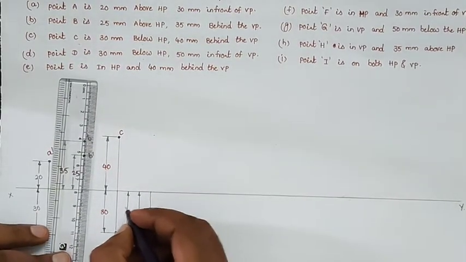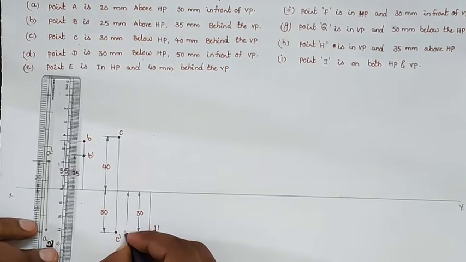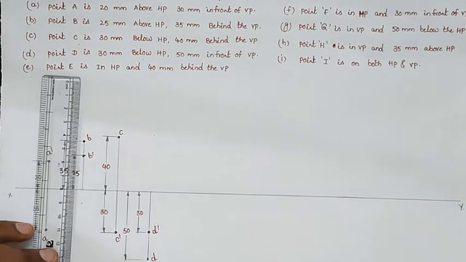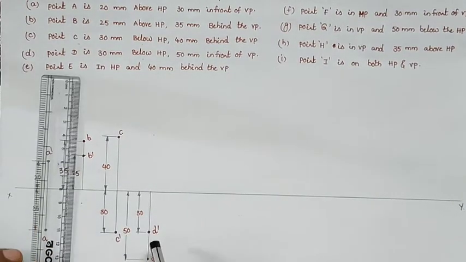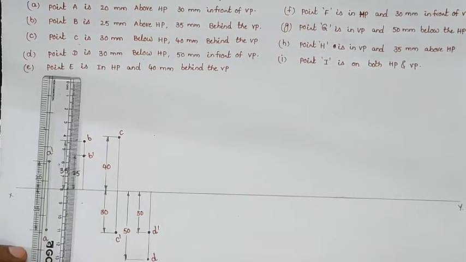So this dimension is 30 mm below HP and 50 mm in front of the VP. We need not draw the rough diagram, just follow the important note and we will draw the projections.